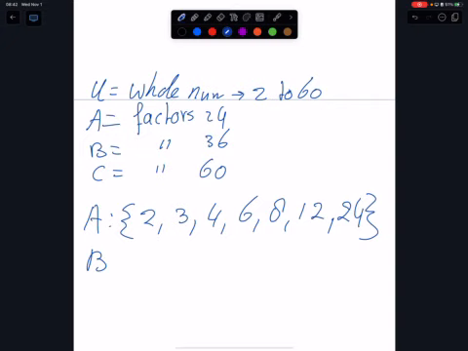B. Factors of 36. Again, 2. 3. 4. 6. 7, 8, 9.